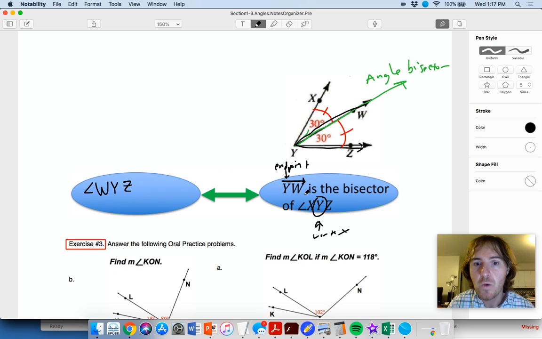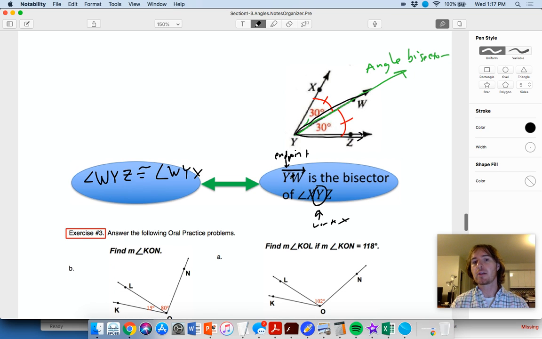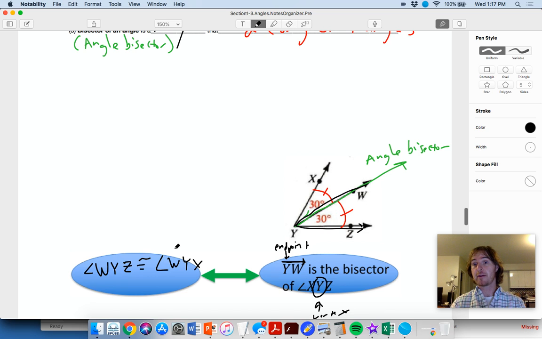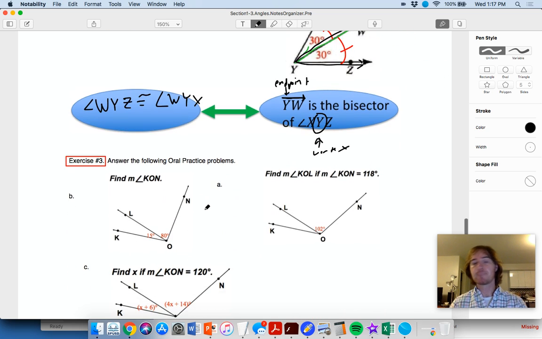So angle WYZ is congruent to angle WYX, right? That'll be something we'll be practicing: looking at this information right here and making a conclusion without actually seeing a diagram like this, okay? So we know if we have a bisector of an angle, it's going to create two congruent angles from it, okay? And I'll leave it at that there.